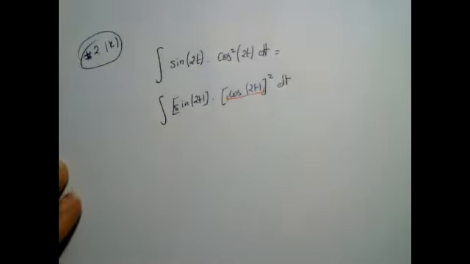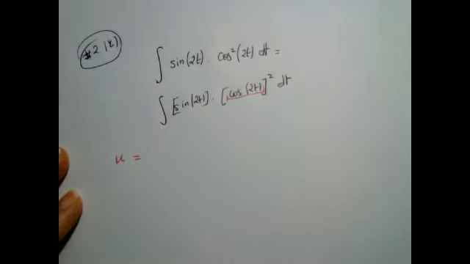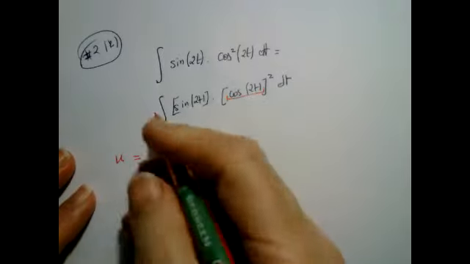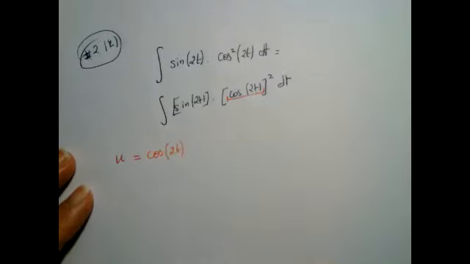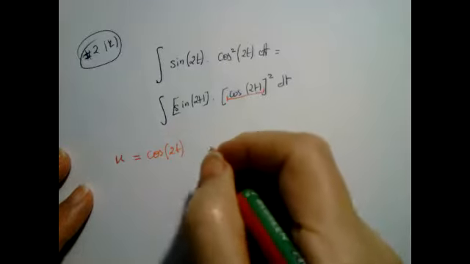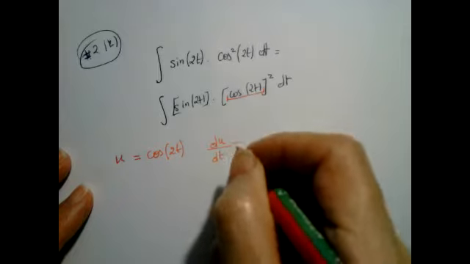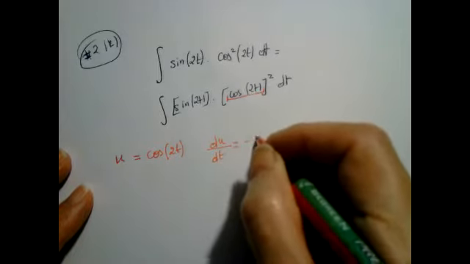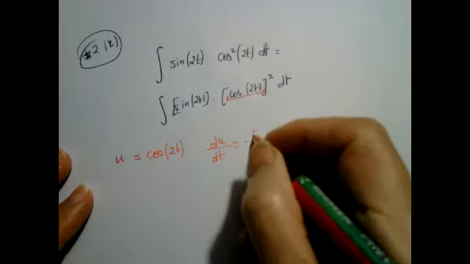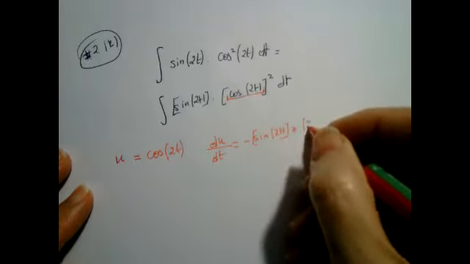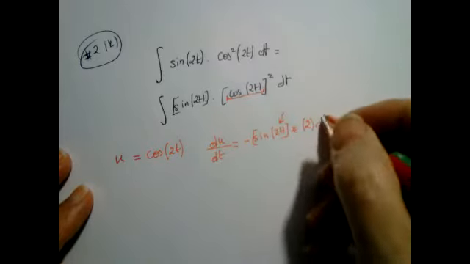So we're going to put u to be the cosine of 2t. Then immediately du dt is the derivative of cosine, it's minus sine times the derivative of the inside, never forget the chain rule, dt.